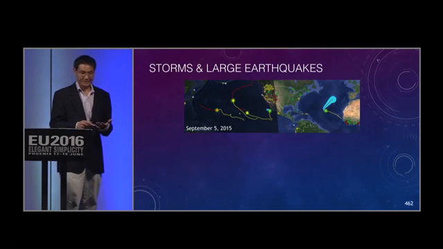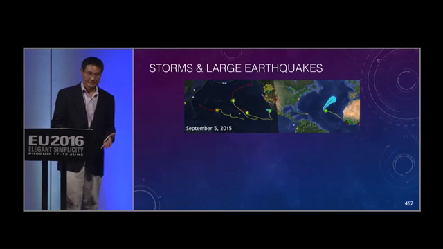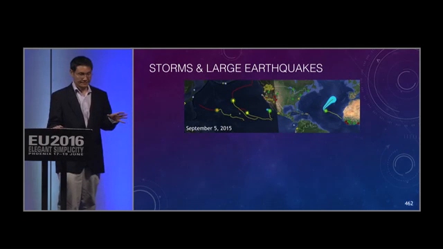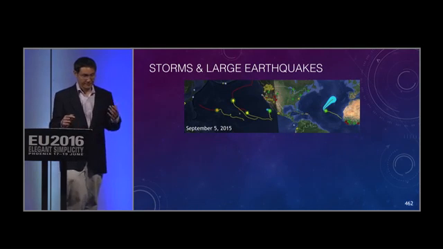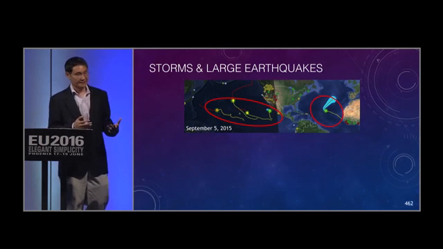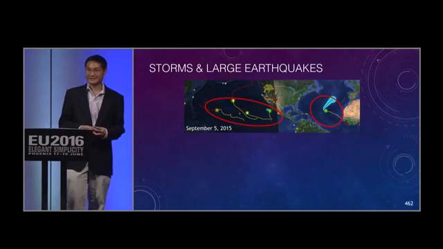And not only that, we see dualities between storms and large earthquakes. During a time when there's a lot of storms, in this case on September 5th, 2015, there are 5 tropical storms on Earth at the same time.